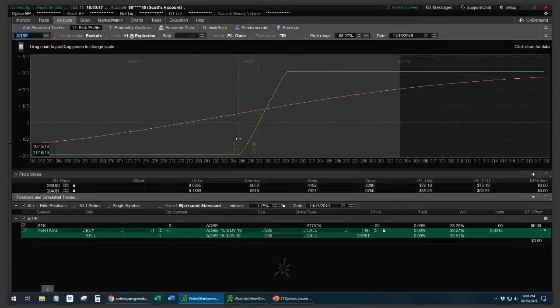But what happens if we go to parity, which means break even? Well, our delta is about 9 delta right now. Our theta has gone from minus 42 cents. Pardon me, I've got the wrong one.